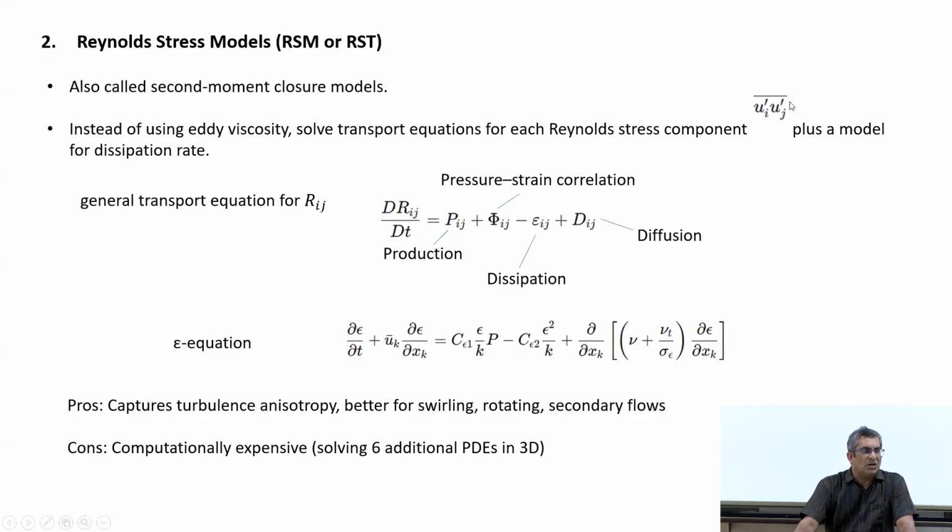So here we have the equations for the Reynolds stress component itself. For example, we have the equation for the Reynolds stress term. We have production, dissipation, diffusion, and pressure strain correlation terms. And in addition, we have the dissipation, so we have to solve the equation for dissipation as well.